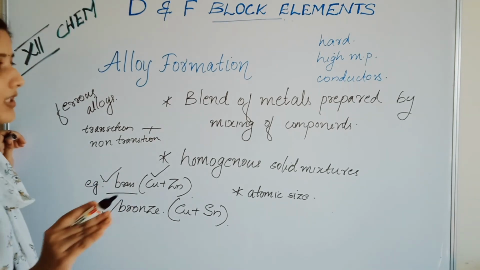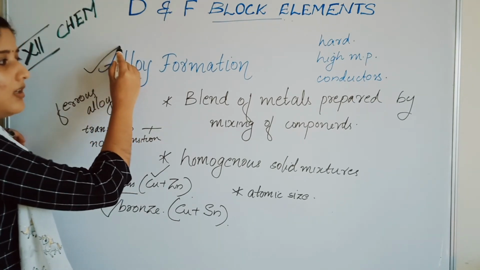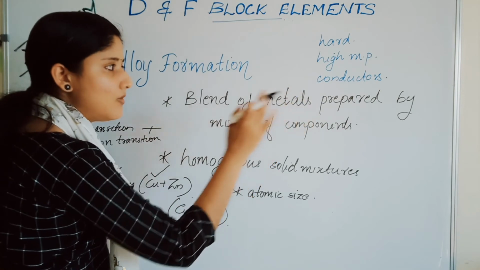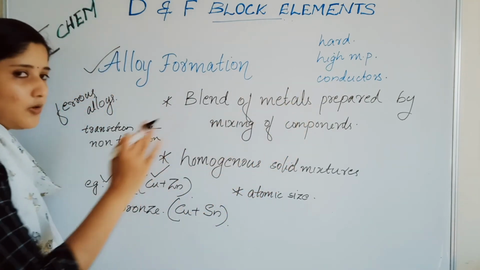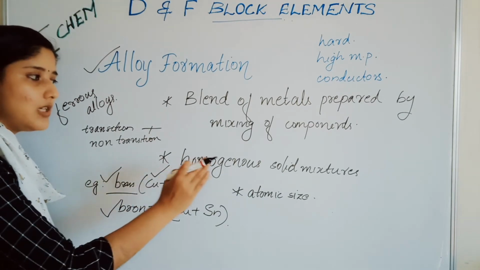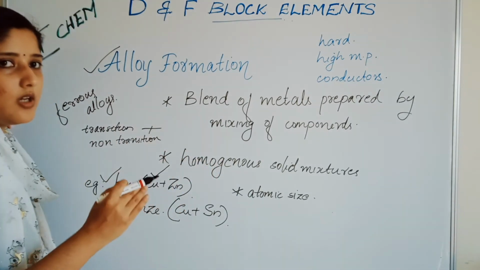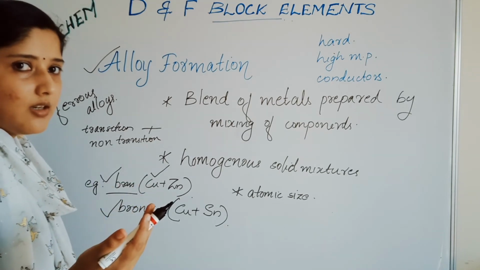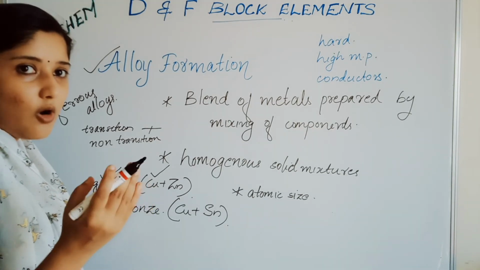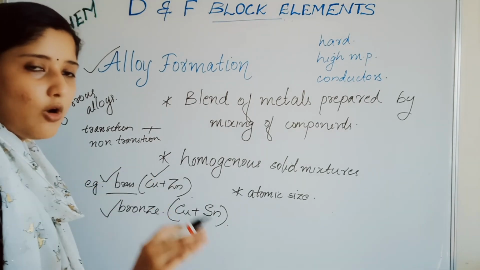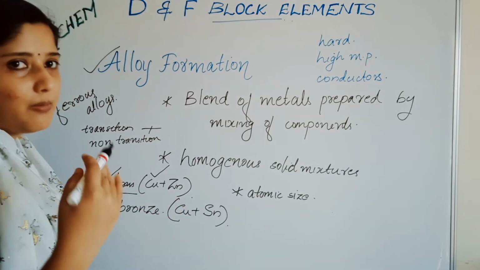Usually transition metals show alloy formation. An alloy is a blend of metals prepared by mixing of certain components. They are usually homogeneous solid mixtures. Why do we call them homogeneous solid mixtures? Because transition elements have similarity in their sizes, almost equal in their sizes. So we can replace one metal in a homogeneous solution by another metal.